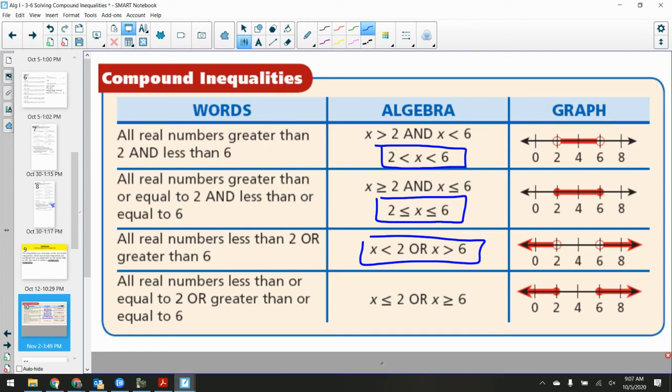Here's 0, here's 2, open dot at 2, going to the left, right? But what about the graph of x is greater than negative 5? So negative 5 would be somewhere over here. Open circle, going this way. So what would I say about my solution? If it just has to meet one of these things, what would I say about my solutions?